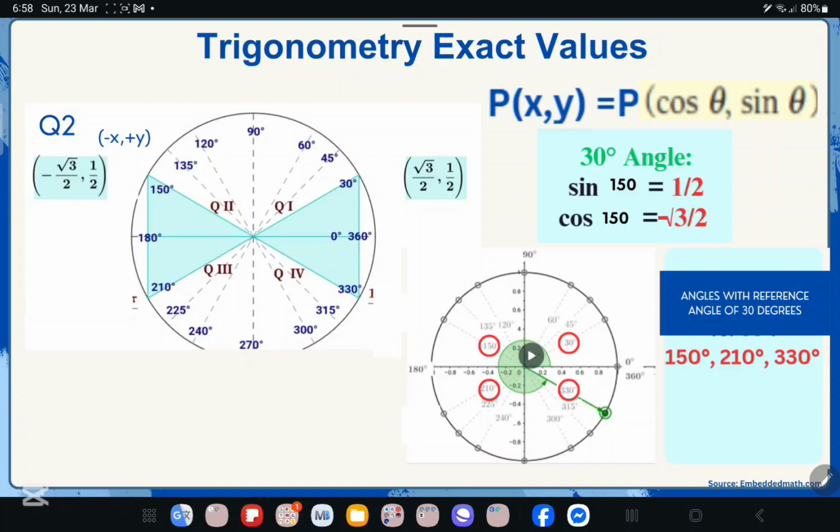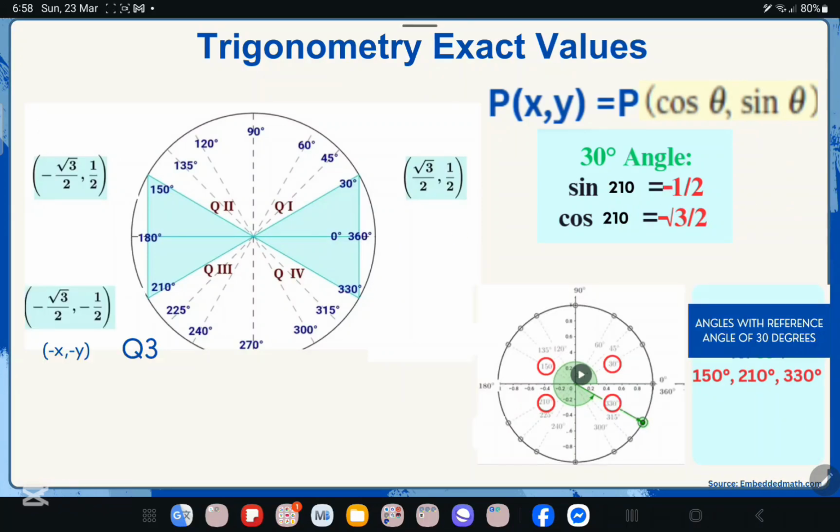For 150 degrees, since it is an angle with a reference angle of 30 degrees, we are going to use the same values, but since it is in quadrant 2, the signs would be negative and positive. For 210 degrees, since that is located in quadrant 3, we follow the signs in quadrant 3, negative x-coordinate and negative y-coordinate, but the same exact values.